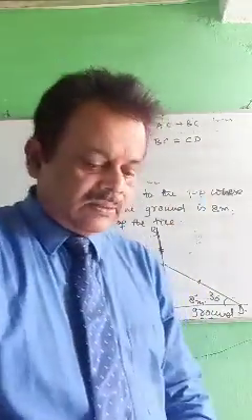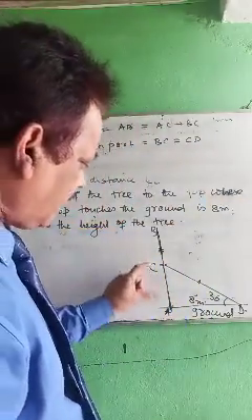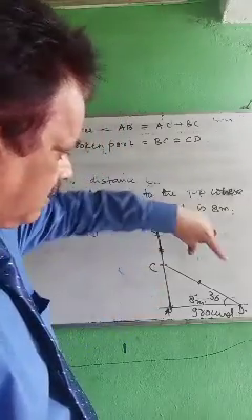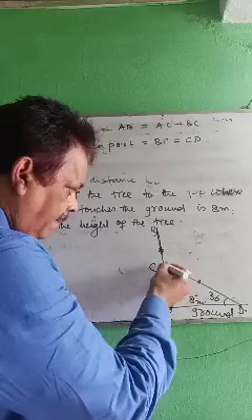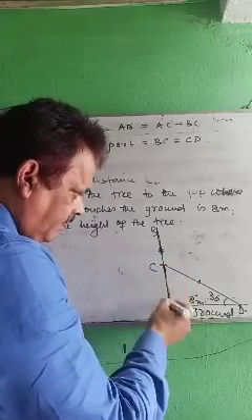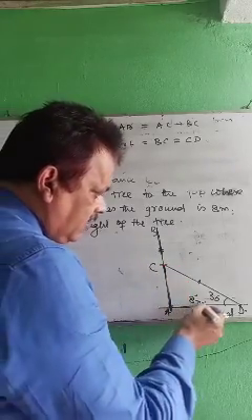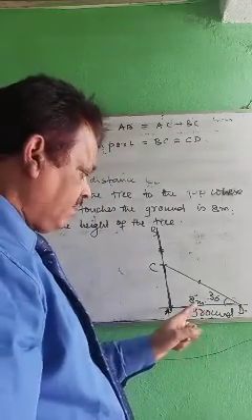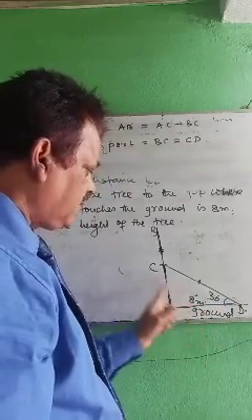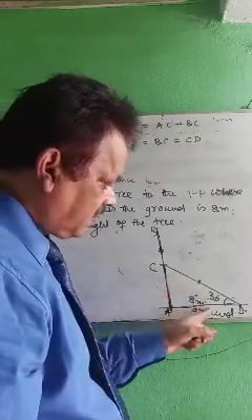Now you have to find the length of AC and the length of CD. AC is the perpendicular. This is your base because this is given. Base and perpendicular you take, meaning tan theta equals perpendicular by base.